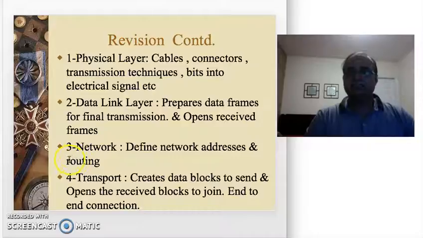The next one, number 3, is network layer, which defines the network addressing. We also call it IP addressing and routing information. The fourth one is transport. It creates data blocks to send and opens the received blocks to join end-to-end connection. So these are the first four layers, and these are their functionalities.